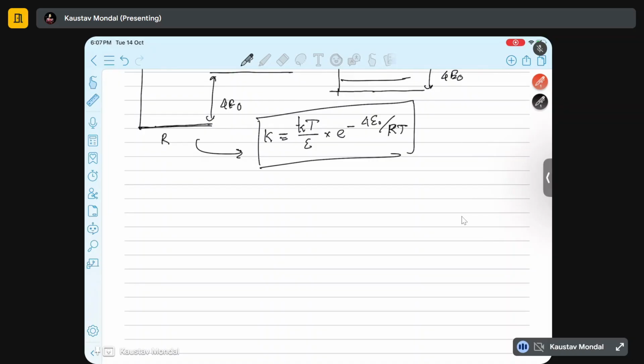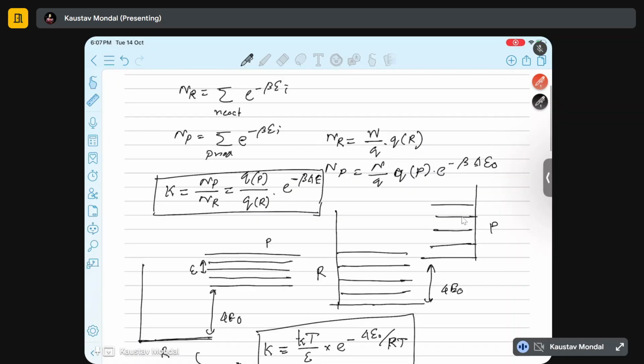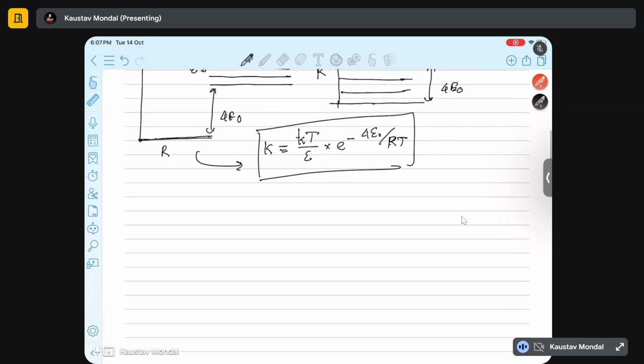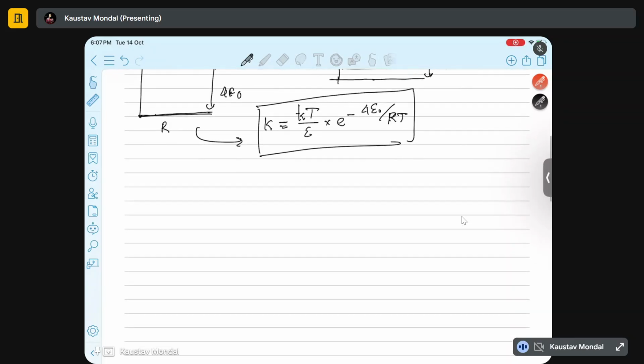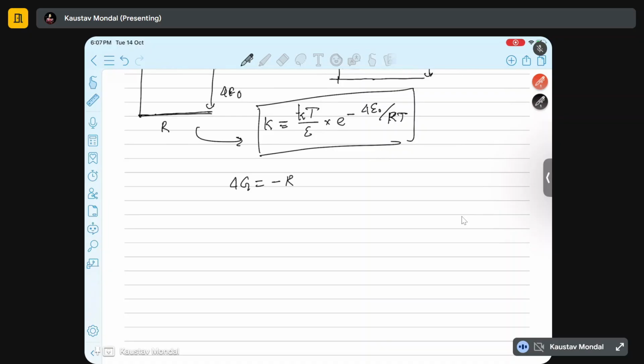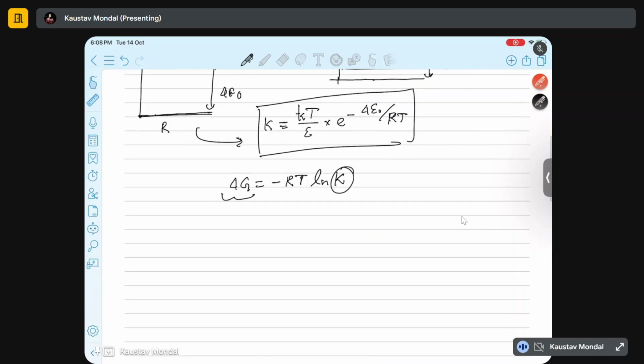Now, this is a very important quantity, because the change in delta G for every reaction is directly related to the natural log of the equilibrium constant K. So if you can calculate this equilibrium constant K, you can calculate the change in the Gibbs free energy for that reaction.